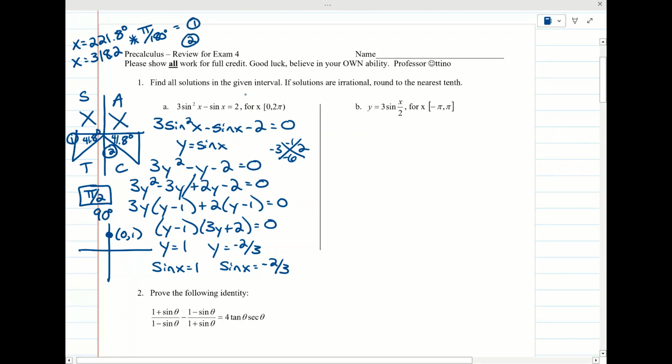And sorry, all this is all over the place here, but 318.2 times pi divided by 180, my calculator tells me that's 5.6 radians. And 221.8 times pi divided by 180, my calculator is telling me is 3.9 radians.